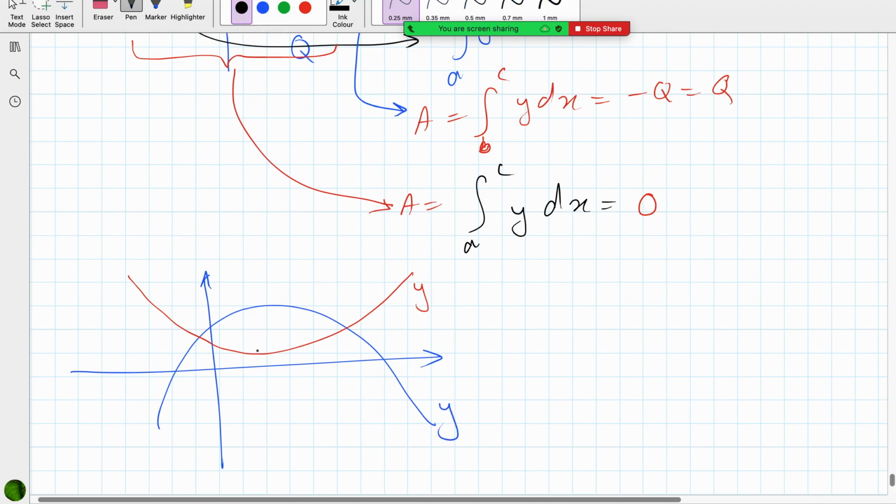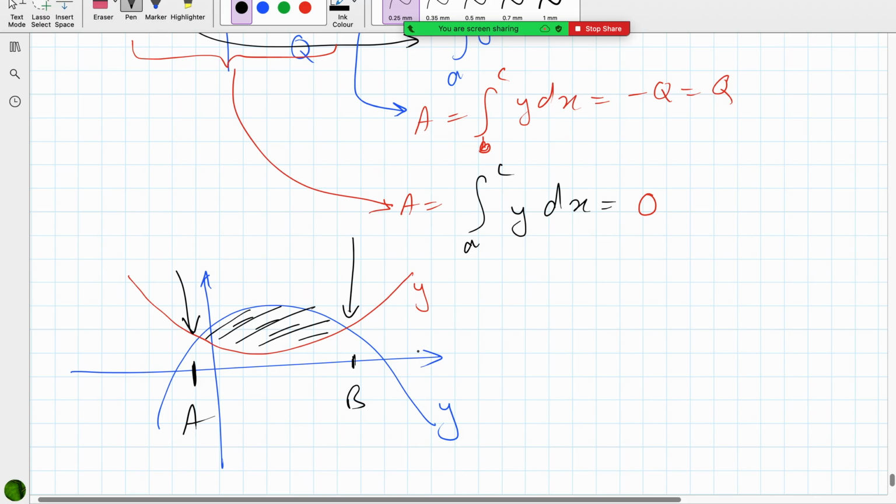Now the examiner may ask you to find the area between the 2 curves. Now this would be a little extended question. First you will solve them simultaneously to find these 2 points of intersection, which is A and B, to have your upper limit and lower limit.